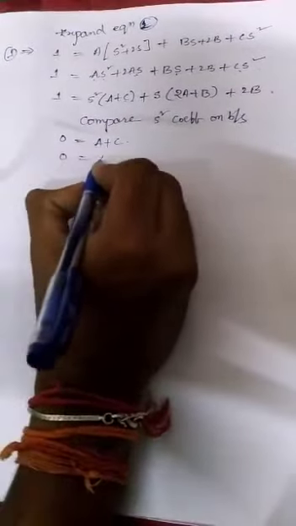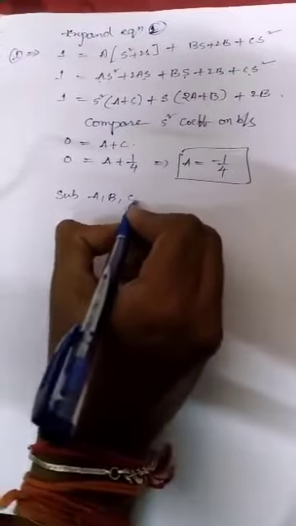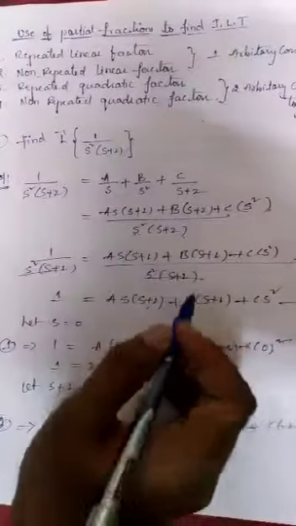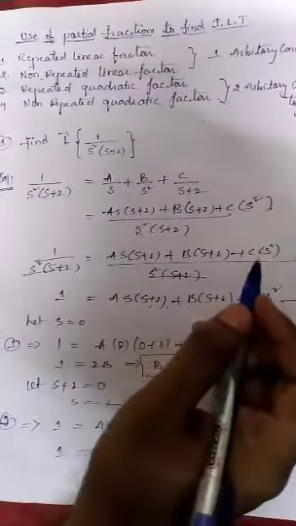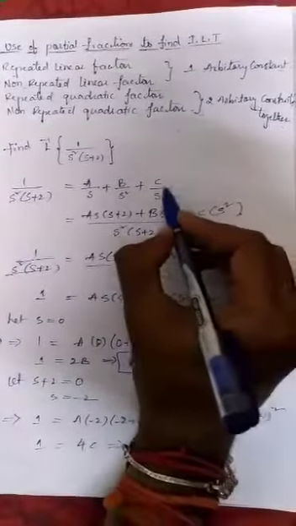Now we got a value, b value and c values. Now substitute a value, b value, c value in this equation.